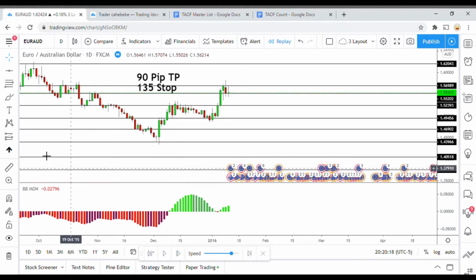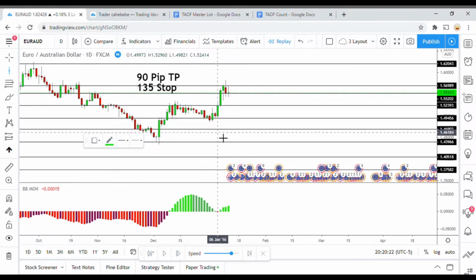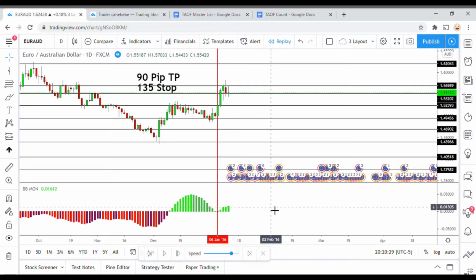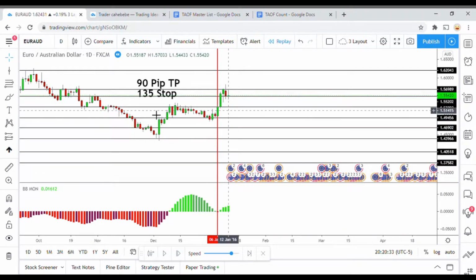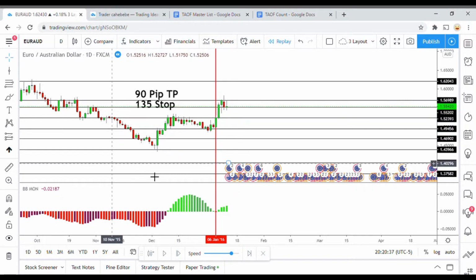All right, so it looks like we did pick up a short right here for just a moment. It's our first signal right there. And immediately it turned around and went green on us, and so therefore stopping us out on the first signal that we got. Let's go ahead and play it forward.